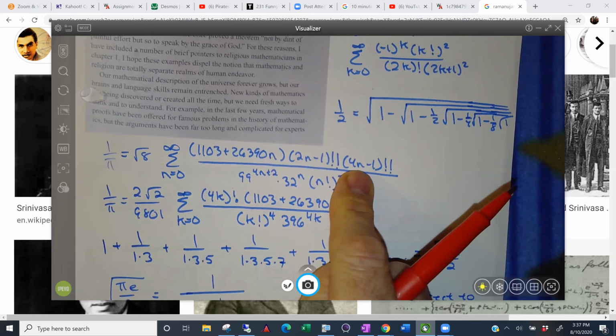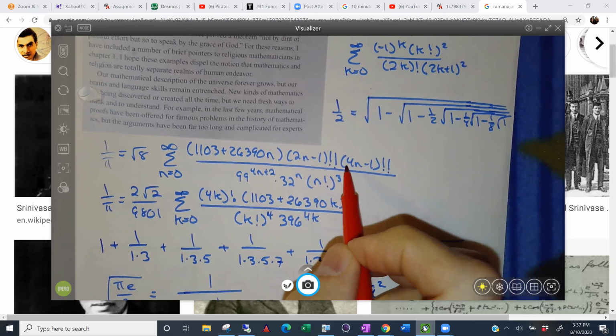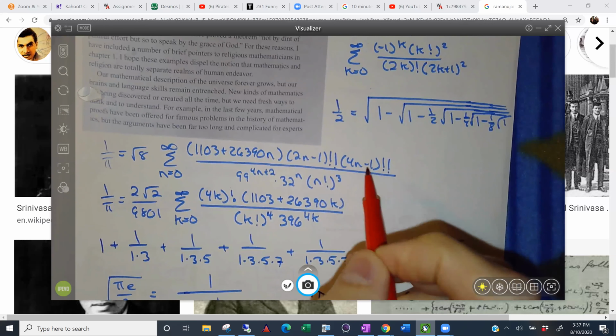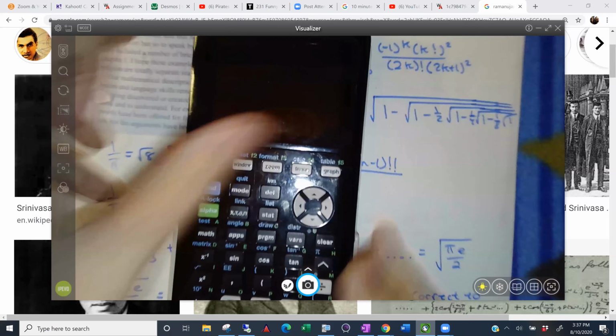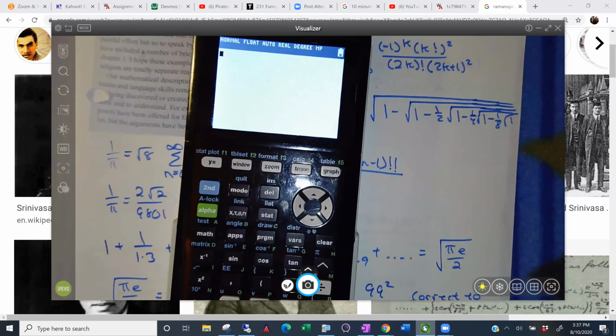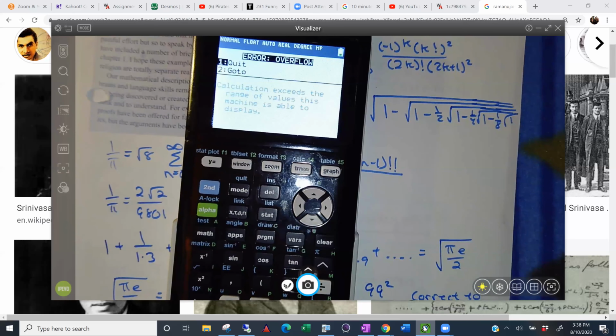It's just crazy big, because if you put in a 2 here, that'd be 8 minus 1, which is 7. 7 factorial is 5,040, but then you've got to take a factorial again. And just so you know, the largest number that you can take a factorial of on your calculator is 69, because 70 factorial is going to be too big. Error, overflow. I think 69 factorial works.